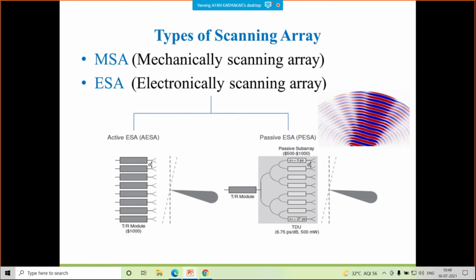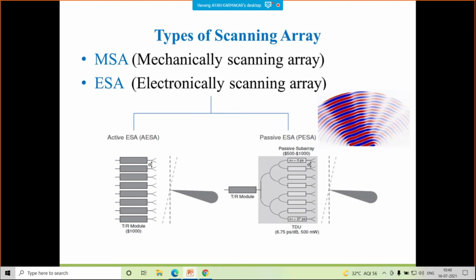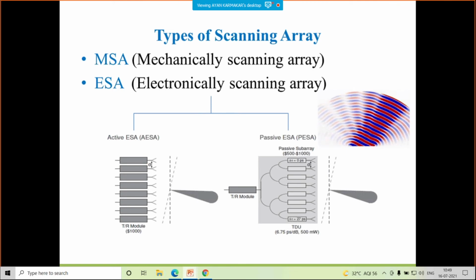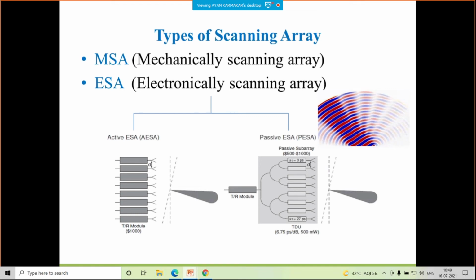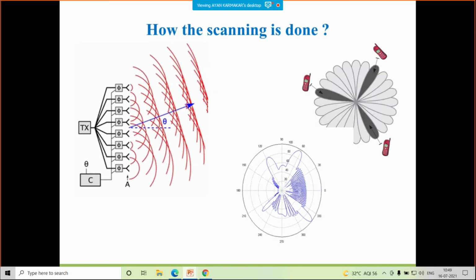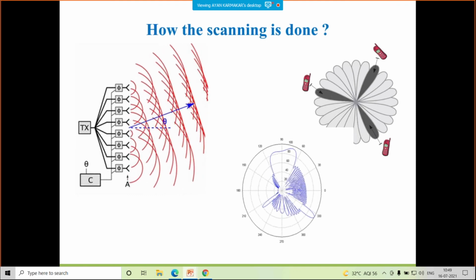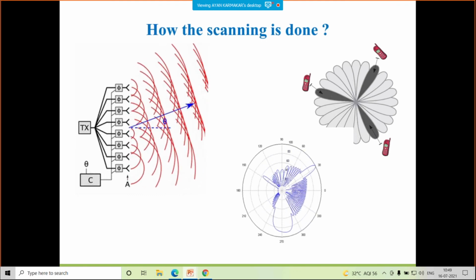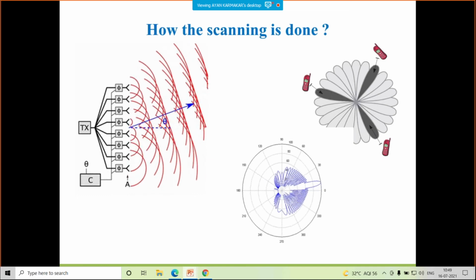Earlier, it used to happen with the help of mechanical scanning arrays. Now, with electronically scanned arrays, lots of advantages are there. There is no wear and tear problem, and it's lightweight. That's why it's getting all the advantages. And as I have already told how the smart antenna behaves, the backbone of the smart antenna is nothing but a phased array antenna.